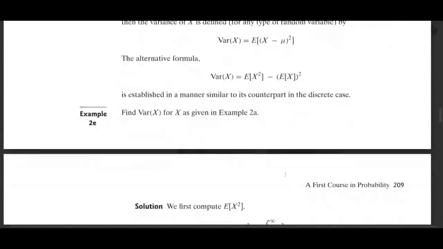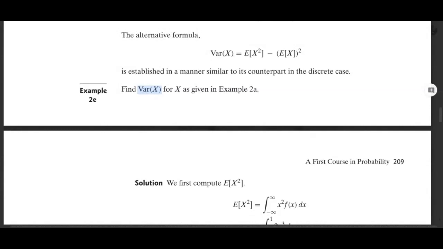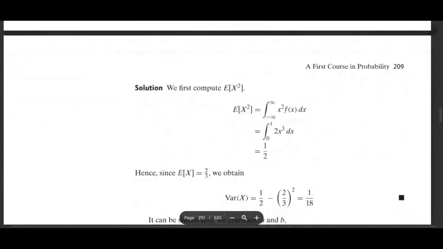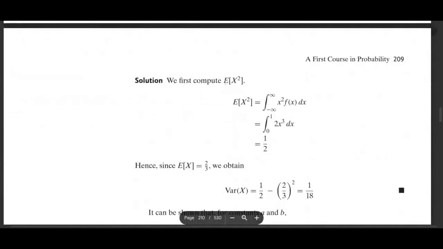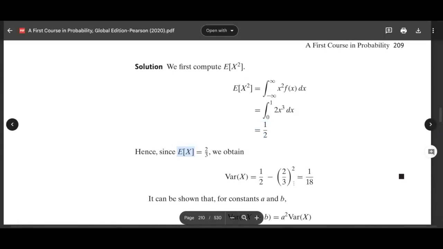Okay, let's use this formula to find the variance of X for example 2a. First, let's calculate the expected value of X squared. That would be the integral of x squared times f of x. f of x is 2x, so we get 2x cubed. Integrate that, evaluate at 0 and 1, we get a half. Then E of X is 2 over 3, we square that.